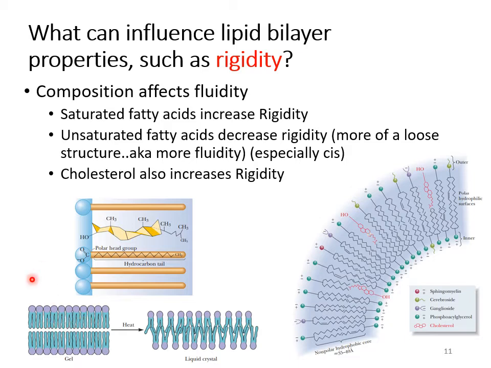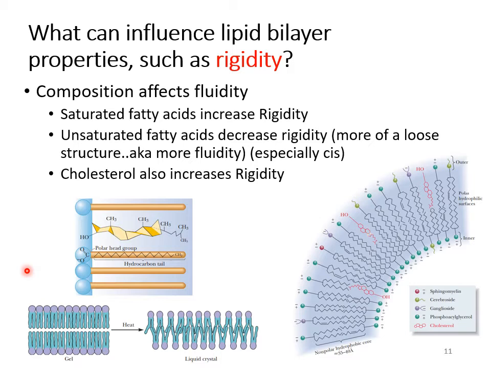More linear fatty acids get to be tight and piled together, whereas unsaturated fatty acids, especially the arrangements that you can see here, if you picture the kink that we saw in terms of the unsaturated fatty acids, well, now you have a loosening of the membrane structure.